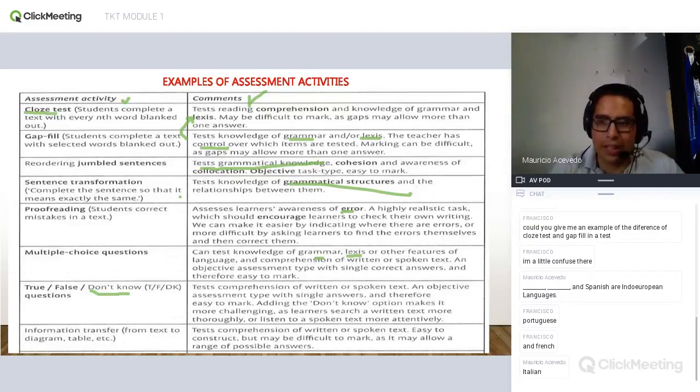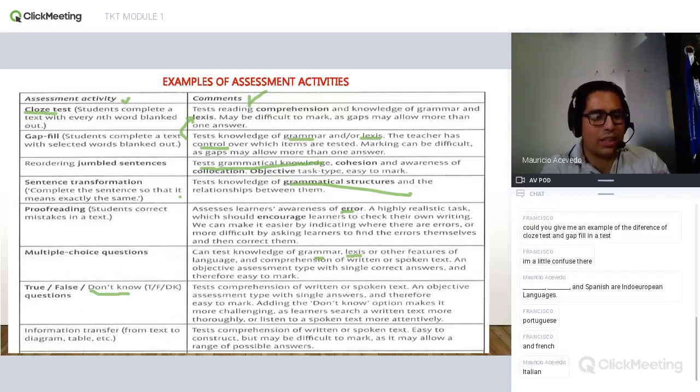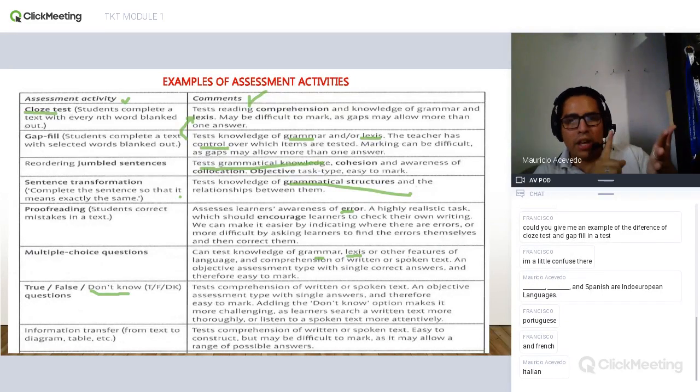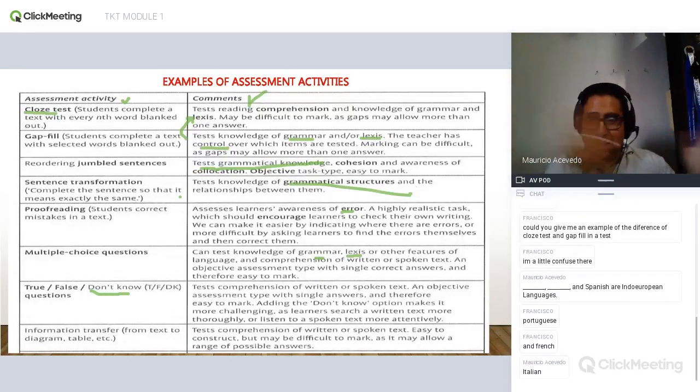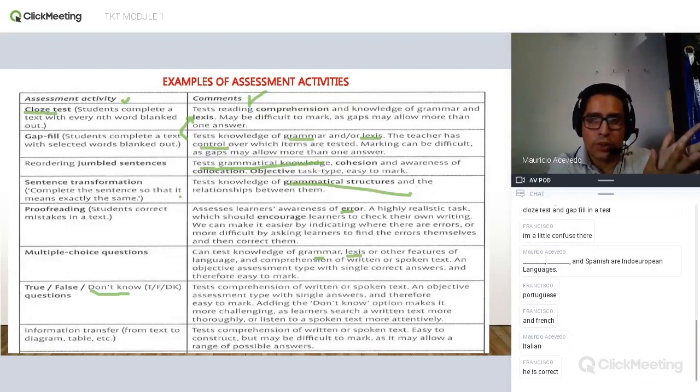Okay, that sometimes, yes, Portuguese and French are European. Imagine that in your answer sheet you have Portuguese and French only, but the student writes Italian. So is he incorrect or correct? Even though in your answer sheet you don't have Italian. He is correct.